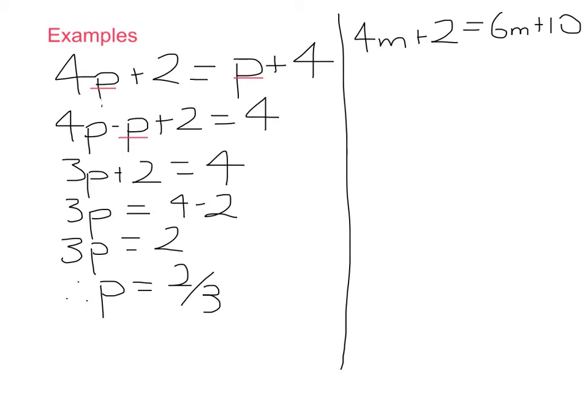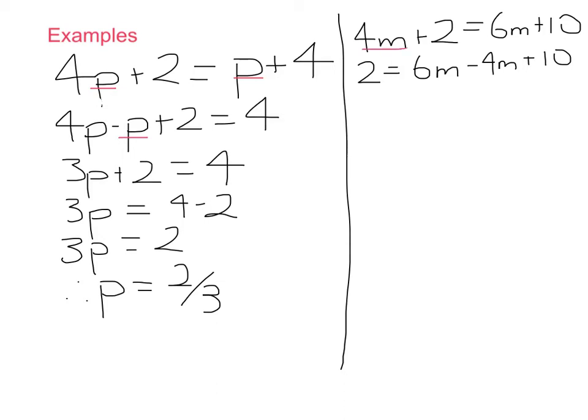So the best way to do this equation is to move the 4m over to the right-hand side. So you'll have 2 equals 6m minus 4m plus 10. Now, we know this 4m is a positive number, so all we've done is the inverse.